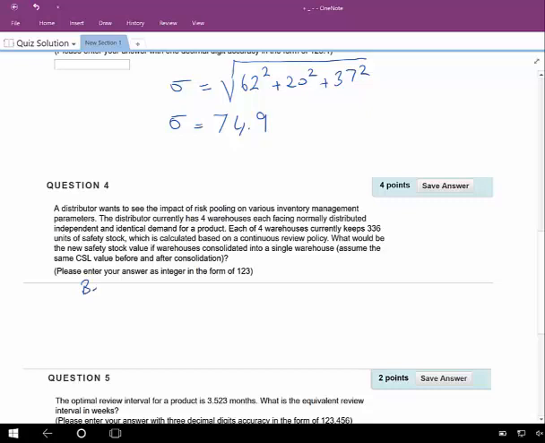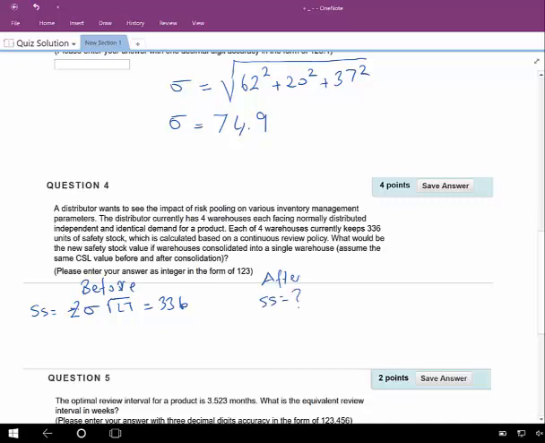So before the consolidation, I have z sigma square root of lead time, that is the safety stock, and this number is equal to 336. After the consolidation, I'm asked for the safety stock number.